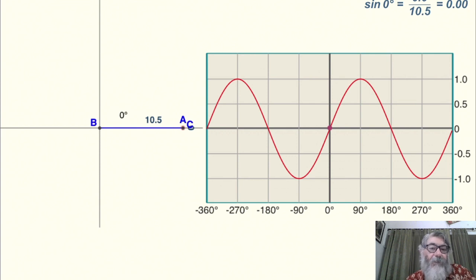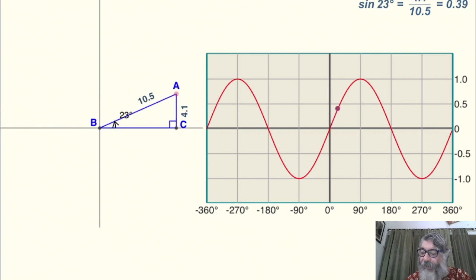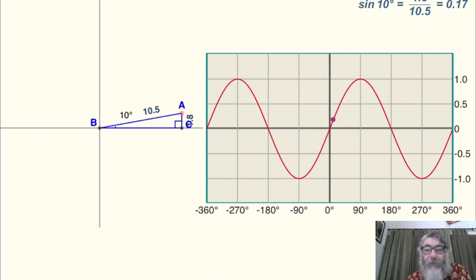Here, since BA is lying on top of BC, let me move it just now to make it clear. Now you can see AC is perpendicular. If I bring A down, the perpendicular is decreasing and it will become 0 when it coincides with the positive direction of the x-axis.